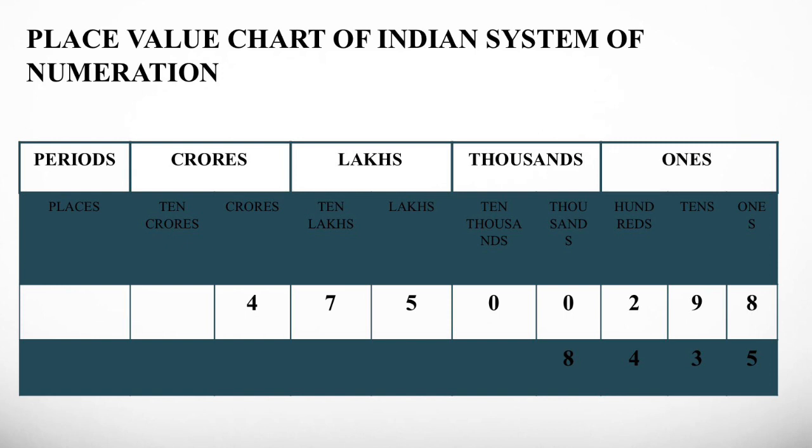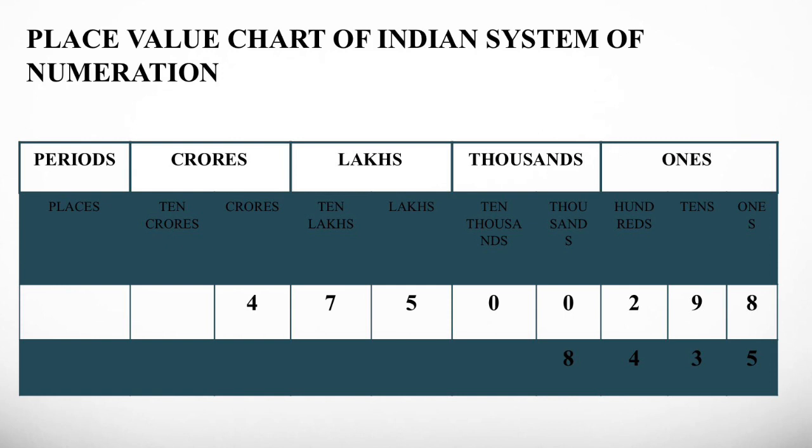Now, in order to read numbers in the Indian system of numeration, we group place values into periods. And as I told you, there are 4 periods that we commonly use in the Indian system of numeration. Ones, thousands, lakhs and crores are periods.